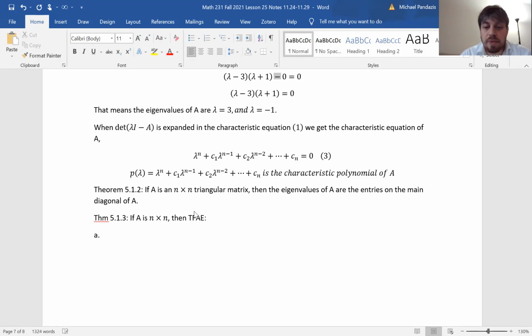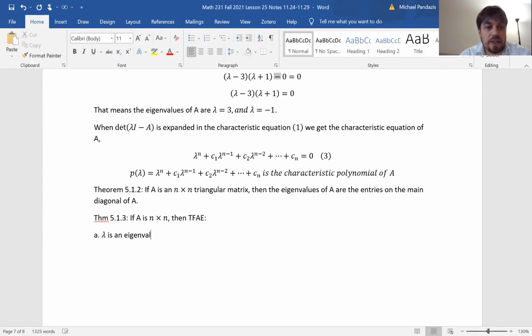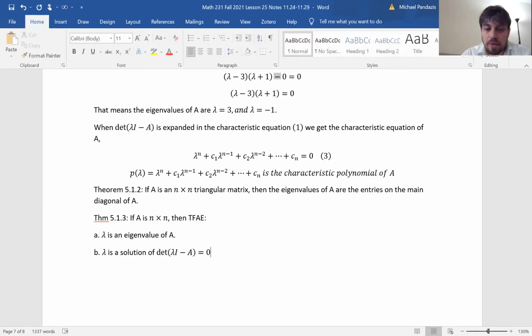Statement A, lambda is an eigenvalue of A. B, lambda is a solution of the determinant of lambda I minus A is equal to 0.